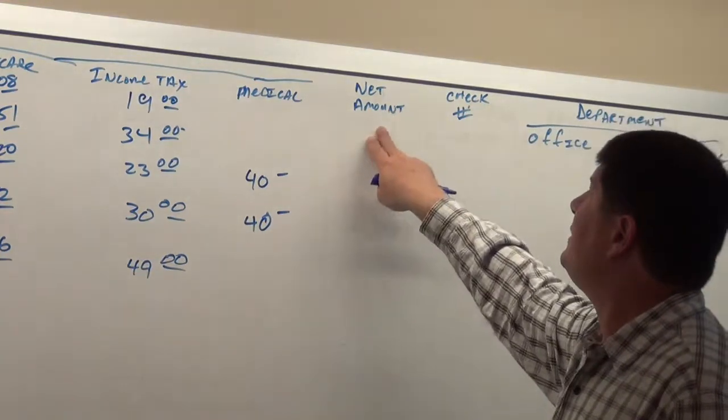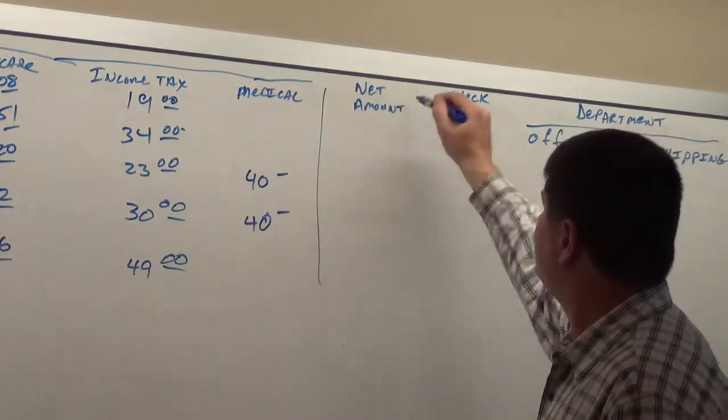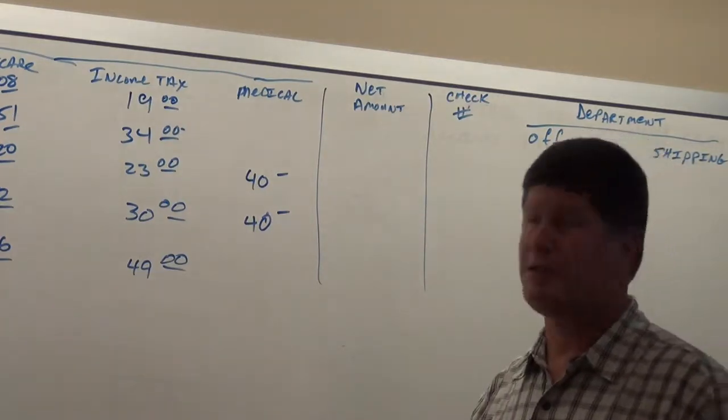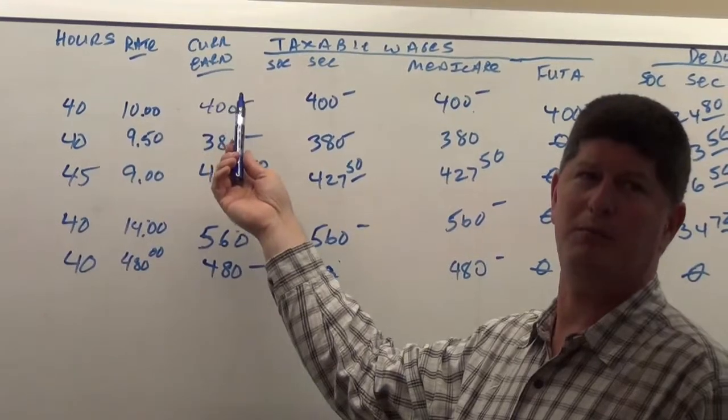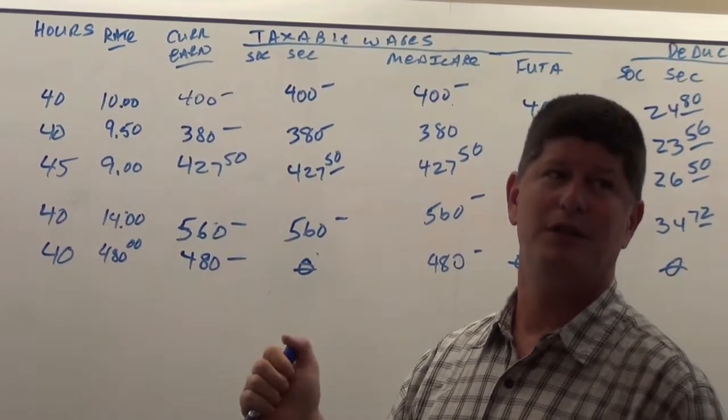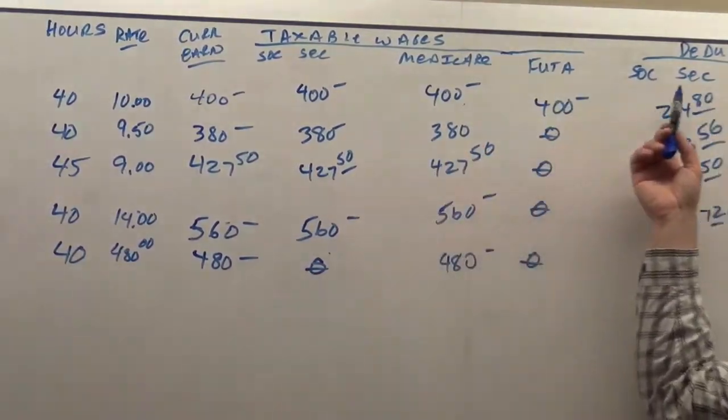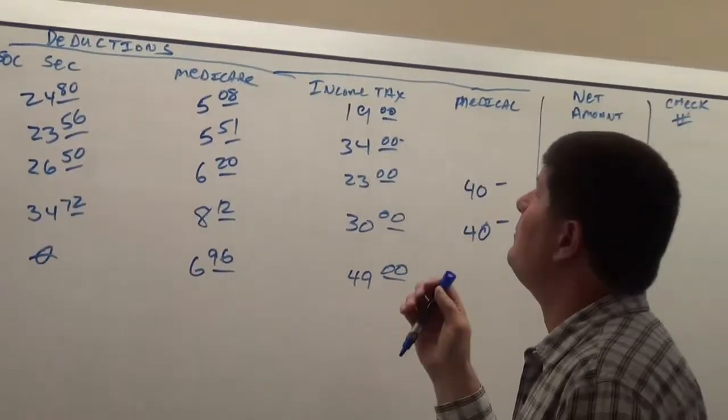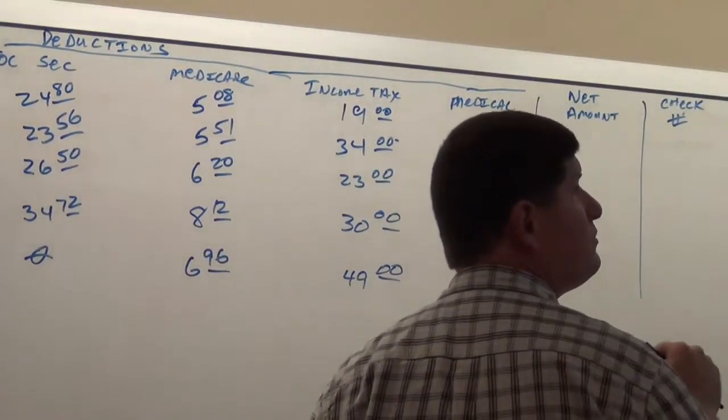So now we calculate the net amount of the check. How much do we owe these employees? Remember, you may have earned $400 this pay period, but do you get a check for $400? No. All these guys are taking money out of your check. So somebody help me out, or can we cheat this?